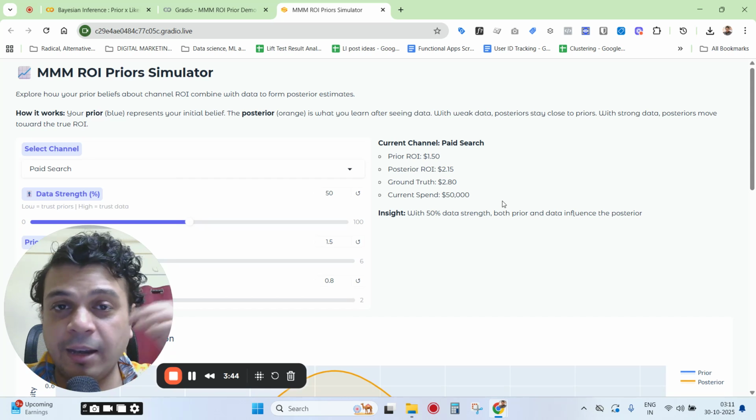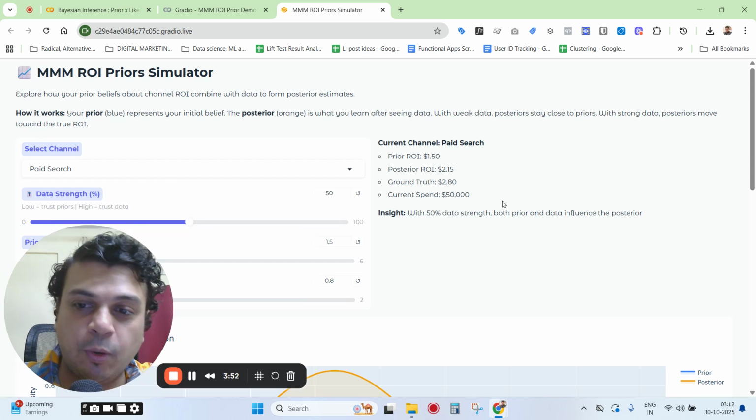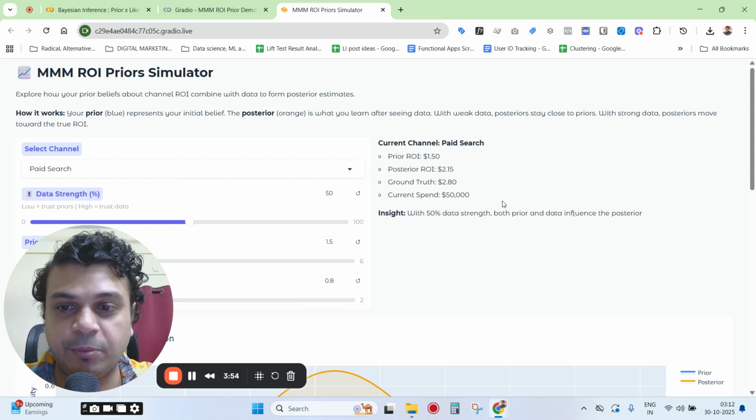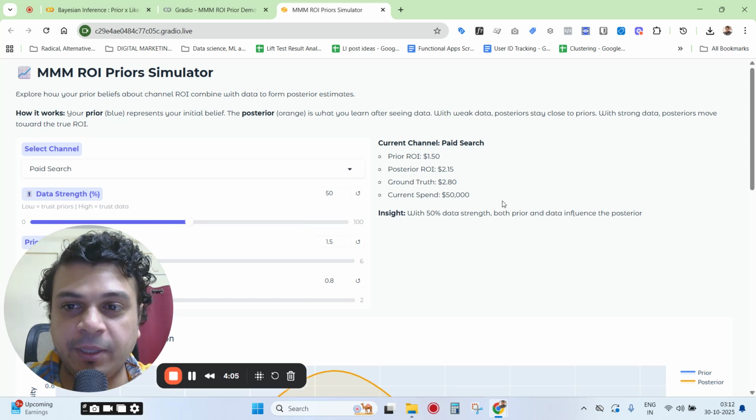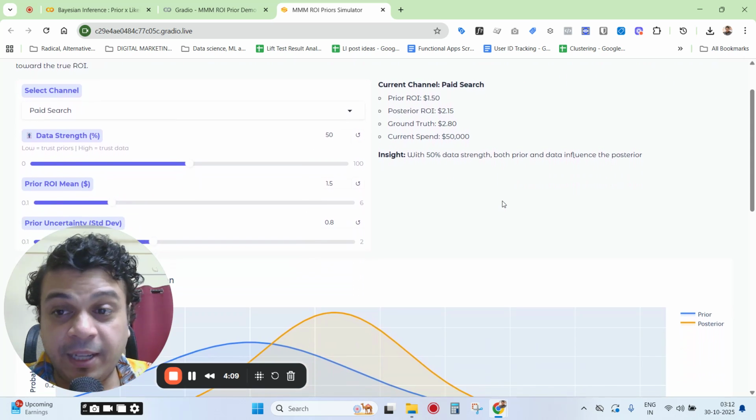Depending on the standard deviation, depending on how wide the confidence interval is, you would understand whether the data is stronger or the prior is stronger, and the posterior distribution will actually move closer to the one which is stronger. But this also depends on the model, so the modeling will also have an impact on it. But this is just to give you an idea of how prior and the data work together.